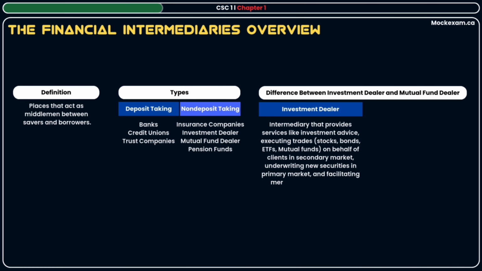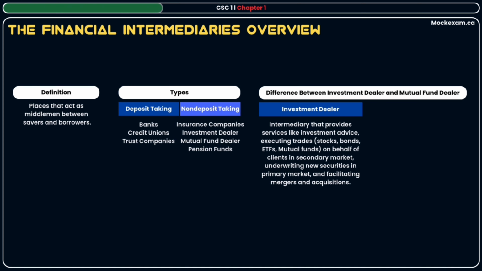They underwrite new securities in the primary market. Underwriting means taking care of all the paperwork to issue a new security, a new stock, or a new bond to the market, and facilitating mergers and acquisitions.